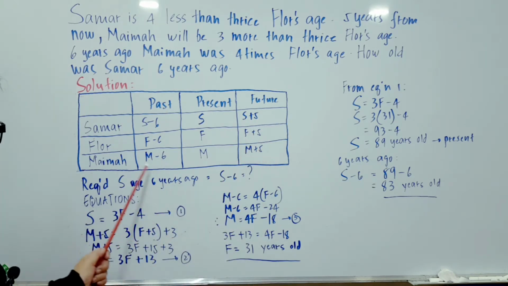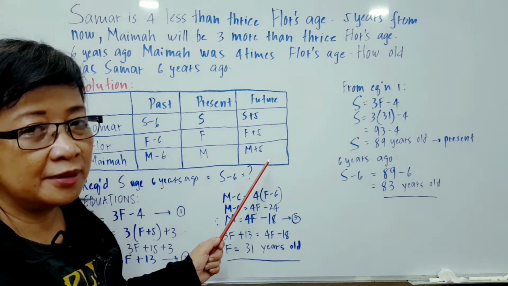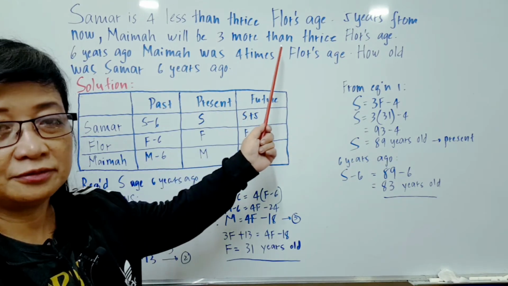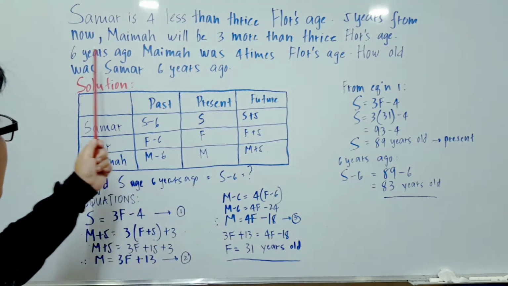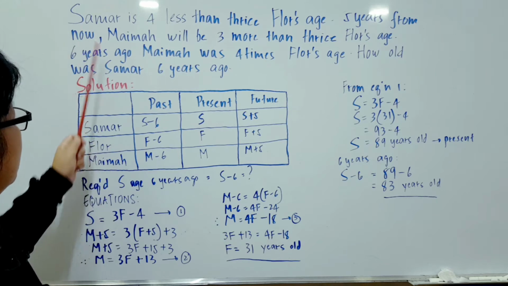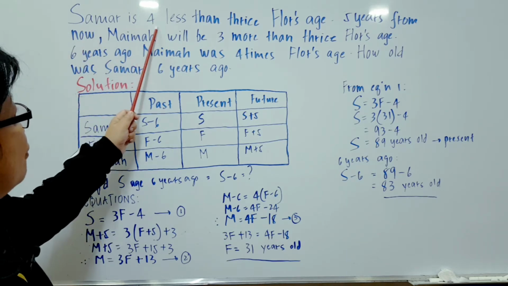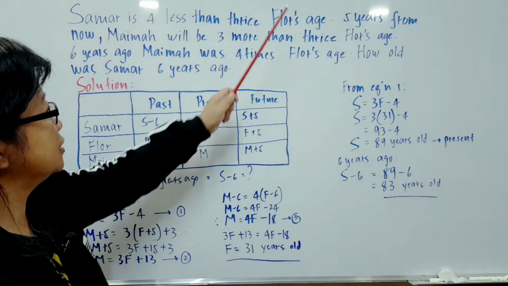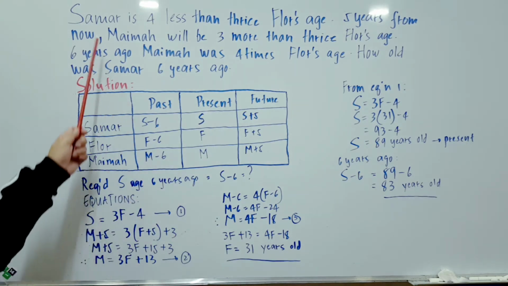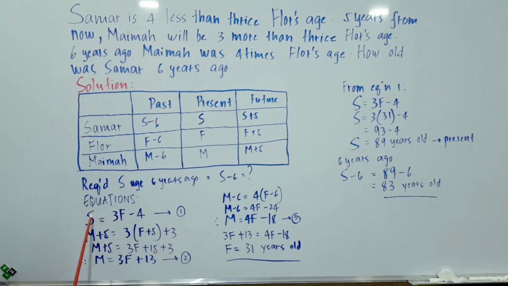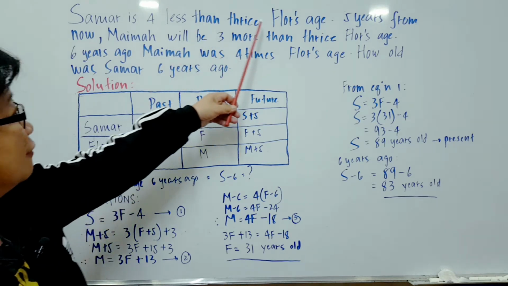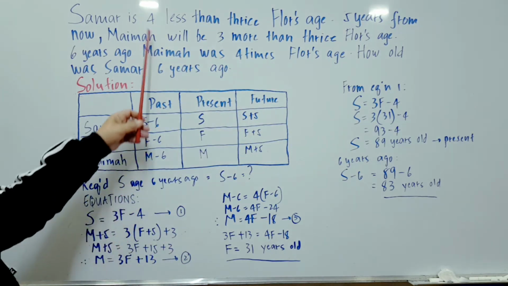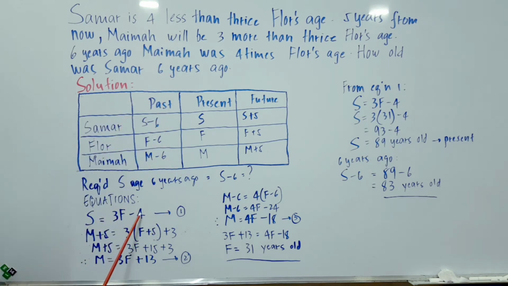Now, here, we will look for the formulas based on the statements in the question. Summer is 4 less than thrice Flor's age. No, that is the present. So, Summer is equal to thrice Flor's age and 4 less, that means minus 4.